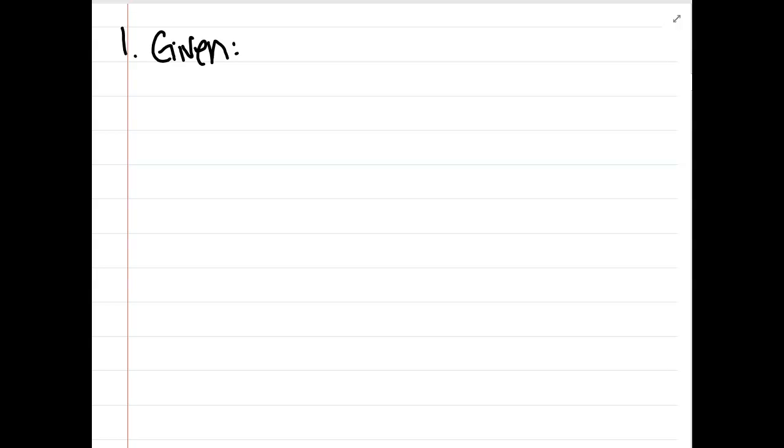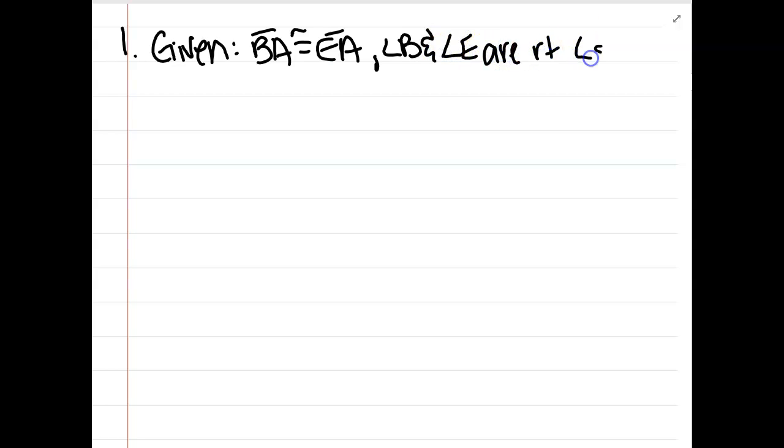The given is going to say that side BA is congruent to side EA, and angle B and angle E are right angles. We want to prove triangle ABC is congruent to triangle AED.